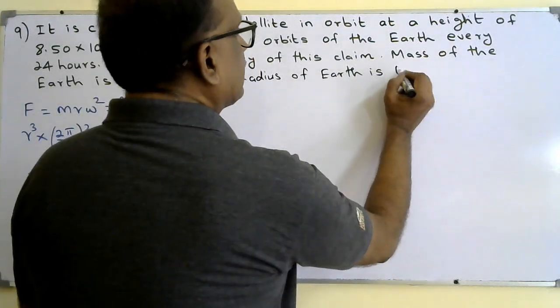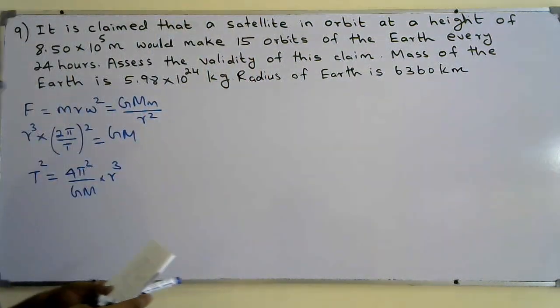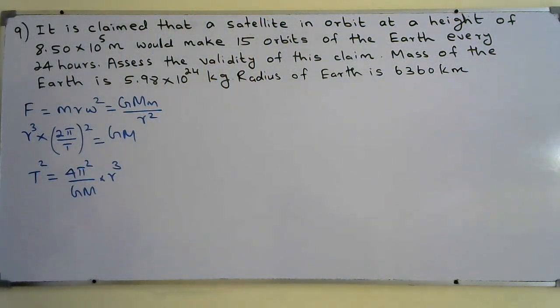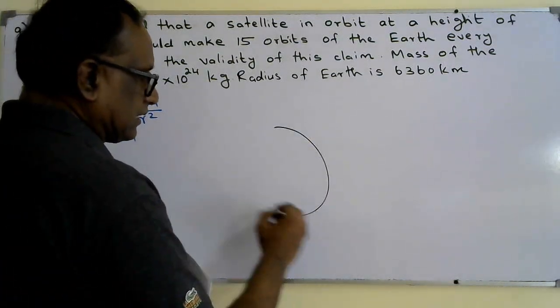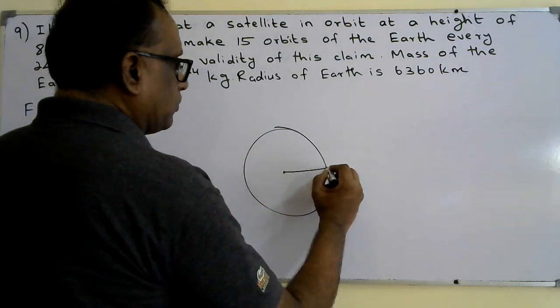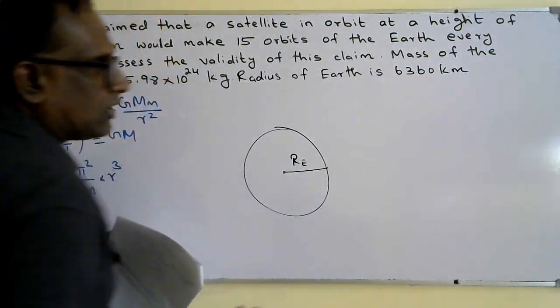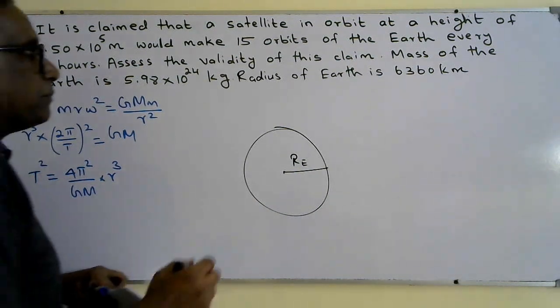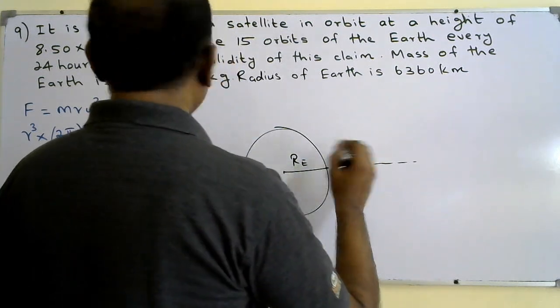That's the way it's given. So if this is the Earth, we know the radius is 6,360 kilometers, but the satellite is orbiting at a height of 8.50 × 10^5 meters.